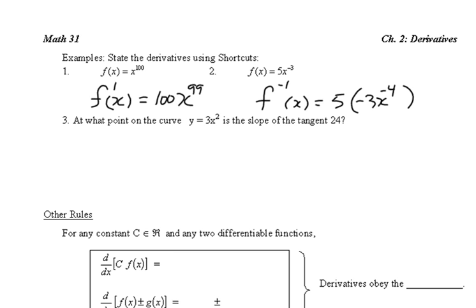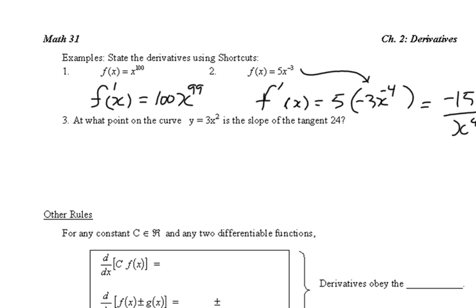Sorry, F prime is what I meant to write. So it's going to be 5 times the derivative of x to the -3. There's your derivative, -15 over x to the 4th.